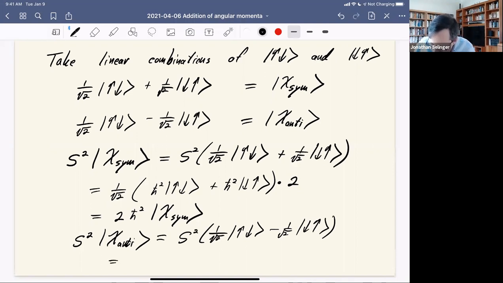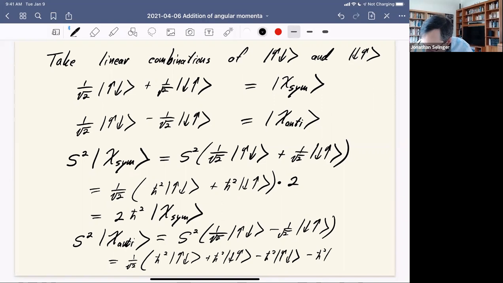So that is 1 over root 2 times h bar squared up down plus h bar squared down up, and then minus the same thing, minus h bar squared up down minus h bar squared down up.